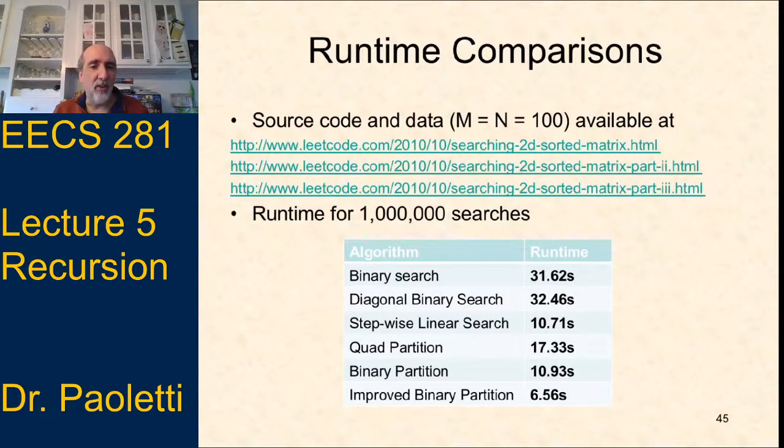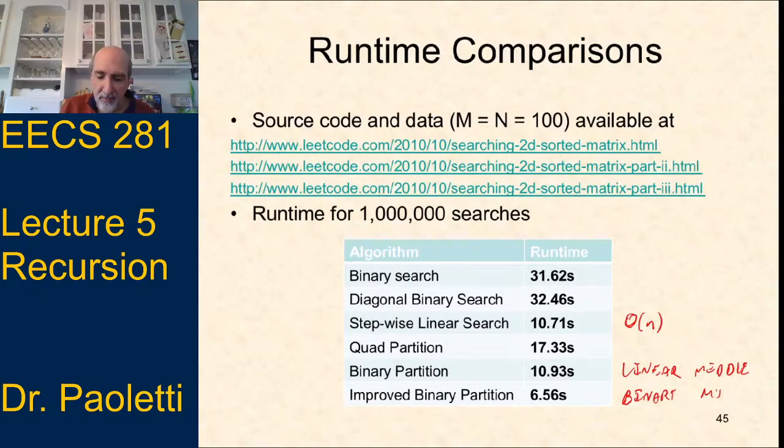And I'll explain that in a minute. The stepwise linear, the one we just did, which was big theta of n, came out about 10.71. The quad partitioning is 17.3. The binary partitioning, so that's what if we linear search the middle row, and the improved is what if we binary search the middle row.